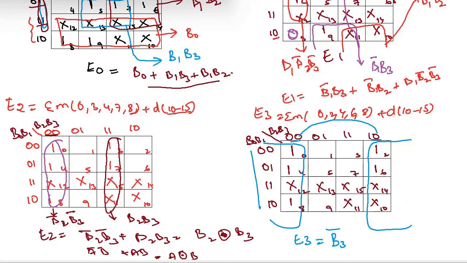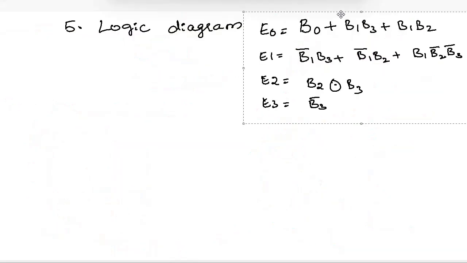Now, after obtaining the simplified expressions, fifth step is logic diagram. Now we have to draw the logic diagram for the simplified expressions E0, E1, E2, E3. So my inputs are B0, B1, B2, B3. Outputs are E0, E1, E2, E3. So B0 line with NOT gate.